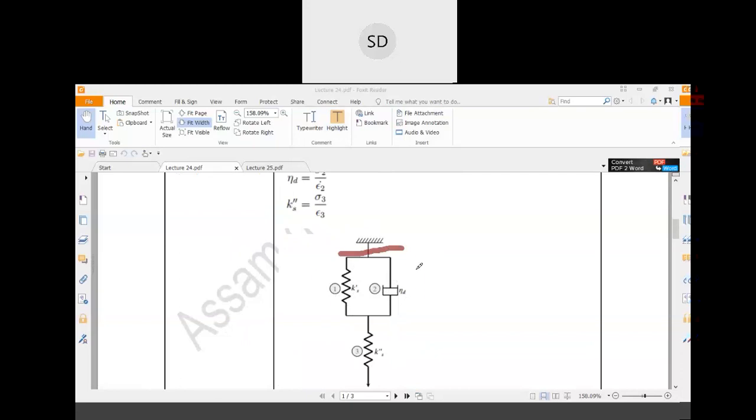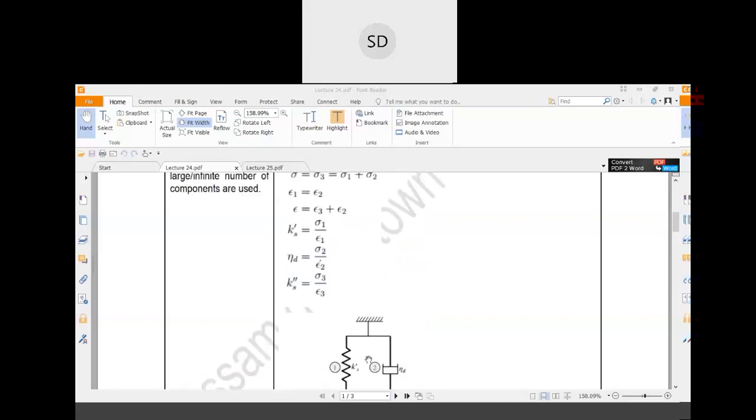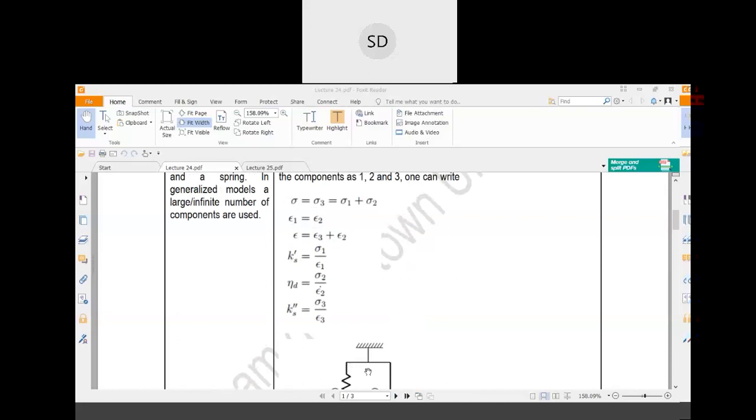This particular portion is nothing but your Kelvin-Voigt model, and that Kelvin-Voigt model is connected with a spring in series connection. If you go for the detailed analysis, you know the stress and strains there, and after that you just have to consider the stress in that spring in this model. So these are the three component models.